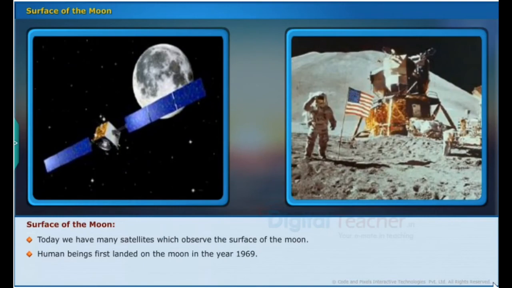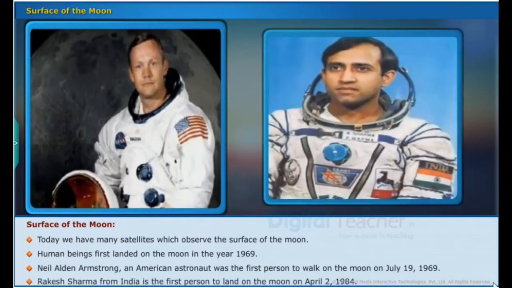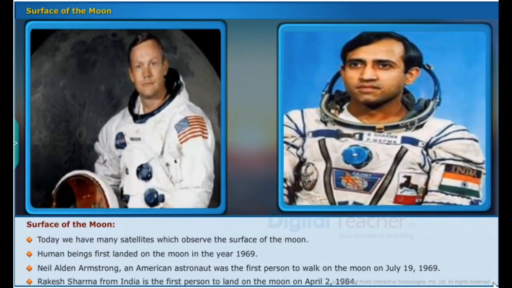Human beings first landed on the moon in the year 1969. Neil Alden Armstrong, an American astronaut, was the first person to walk on the moon on July 19, 1969. Rakesh Sharma from India is the first Indian to go to the moon's orbit, on April 2, 1984.